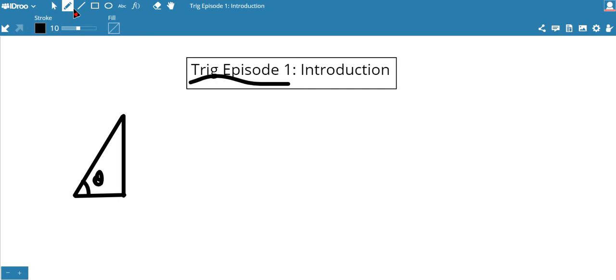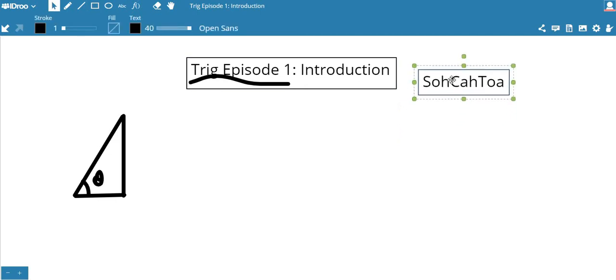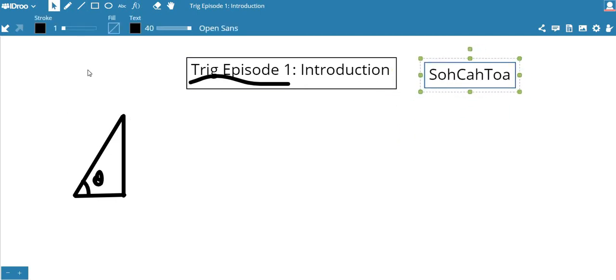So, there's a saying or a formula called SOH CAH TOA. This is really important, so I'm just going to keep it up here.